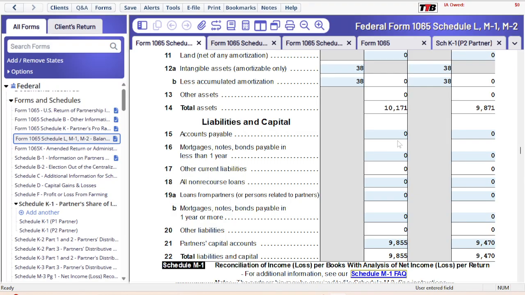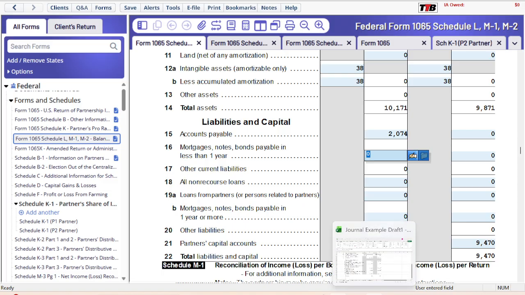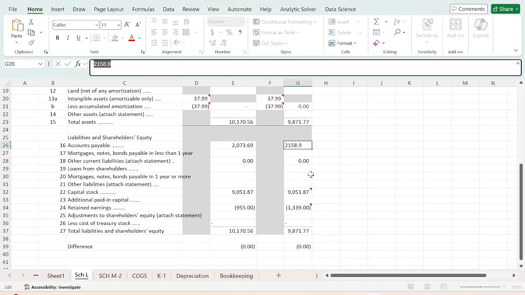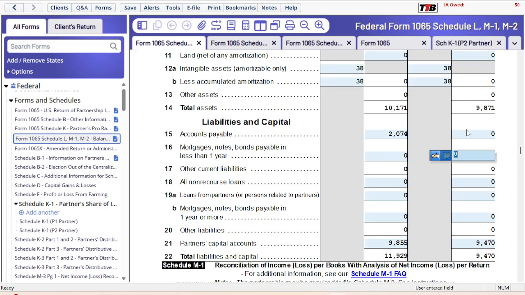And the way it works, let's say you have payroll taxes you have not deposited yet, it will go under your accounts payable section. If you have credit card debts, it will go under liabilities as well.